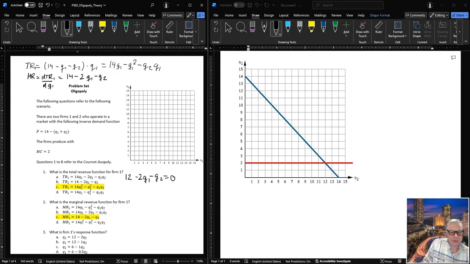And then I rearrange terms, so 2Q1 equals 12 minus Q2, and then I divide both sides by 2, and then I get Q1 star equals 12 divided by 2, that's 6, minus 1/2 Q2. Okay, so I'll draw that in here quickly.